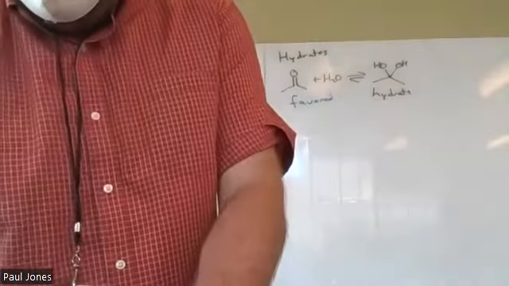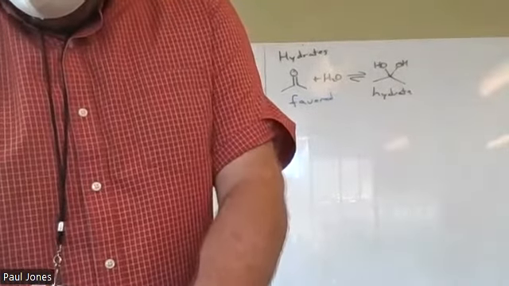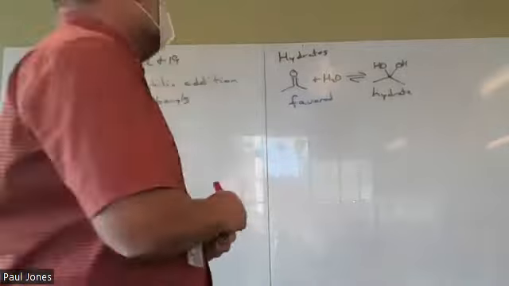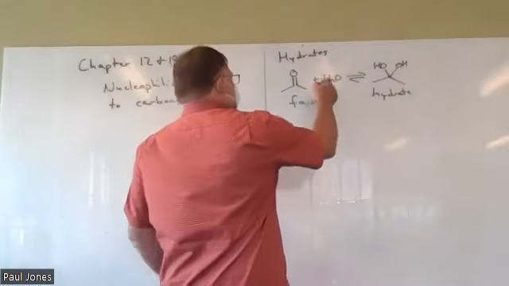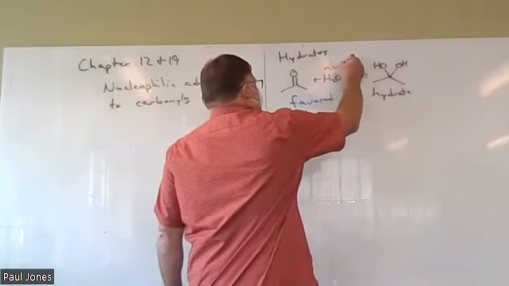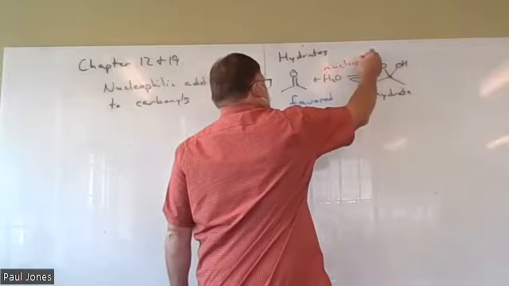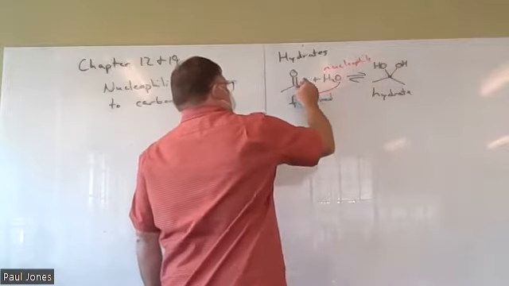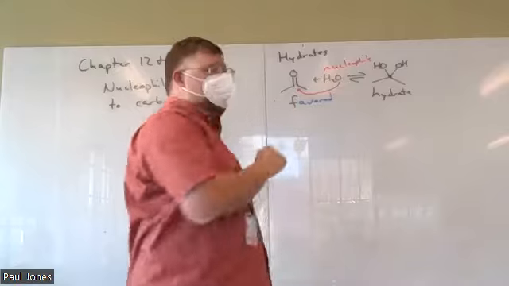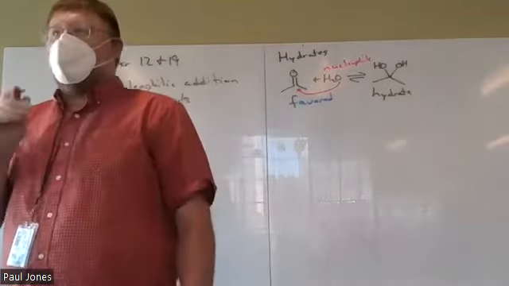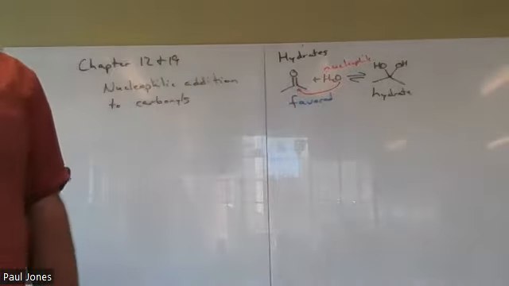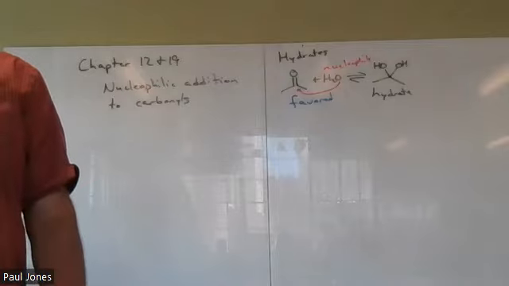So this is a result of a nucleophilic attack. Right, so the water, and this is not a mechanism, I'm just giving you the outline. The water is adding to the carbon, the positive end of the carbonyl.